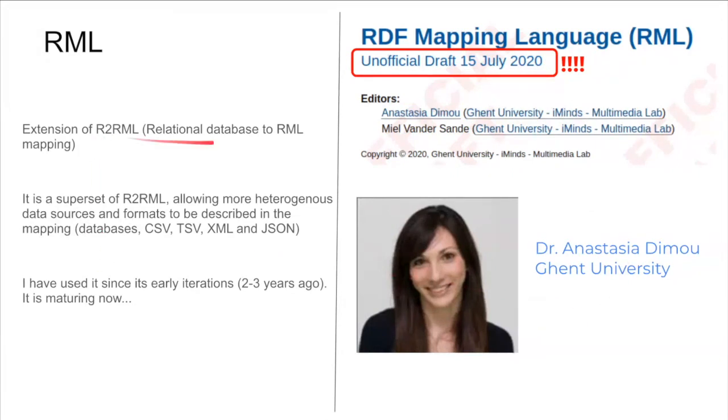It's an extension of this pre-existing language called R2RML, and it handles input from databases, CSV, TSV, XML, and JSON. I've been using it for a few iterations, so it was first generated 2 or 3 years ago. It's much more mature now, but I've been using it for a while because it seemed to solve a lot of problems.